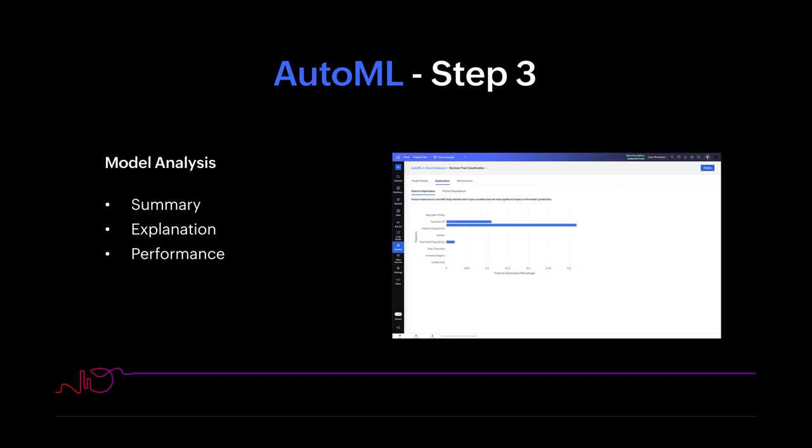This transparency is essential because it helps us understand the logic behind the model's decisions and the factors influencing the customer churn. This summary serves as a foundation for our next steps, whether it's deploying the model or refining it further. Let's take a closer look at the specifications of the model's performance in our demo.